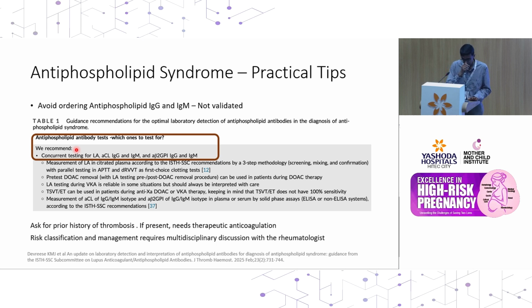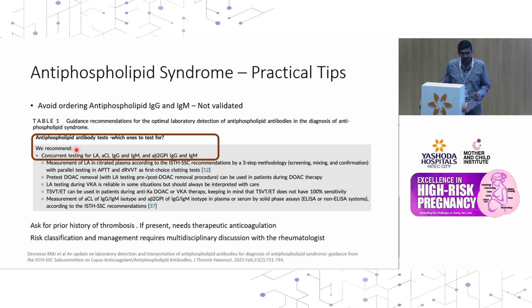This is the 2025 ISTH guidelines, which basically say these are the 3 tests to be done: lupus anticoagulant, anticardiolipin IgG and IgM, and beta-2 glycoprotein 1 IgG and IgM. These are the 3 tests. If we want to do these tests, please specifically write the 3 separately. Otherwise, labs usually end up doing antiphospholipid IgG and IgM, and they are poorly validated. They may be positive or negative without any consequence.